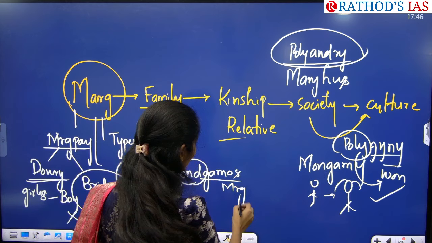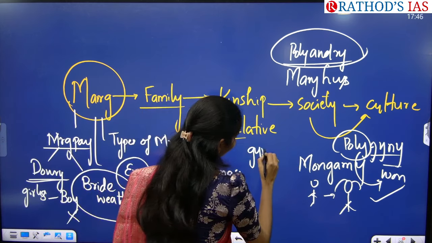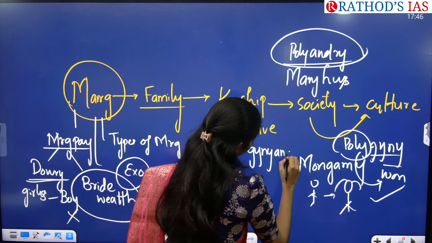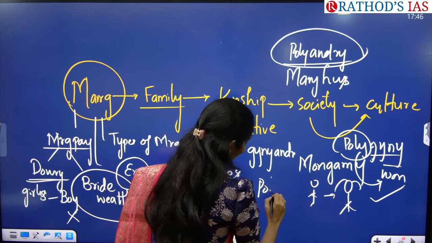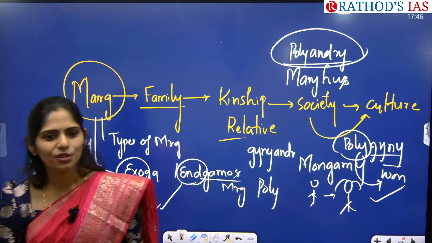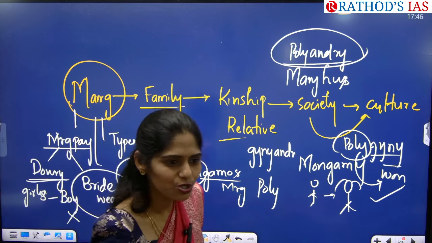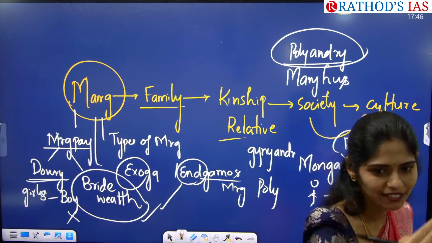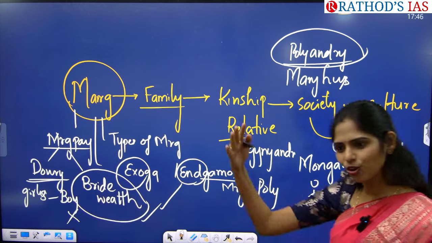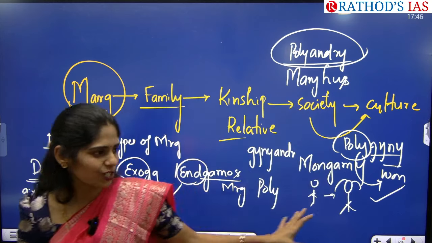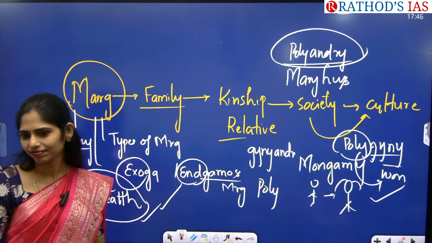I am saying that gyny and andry, that condition is called as polygynandry. So polygynandry, in that community where women are allowed to have two or more husbands and wives also have the leverage of having two or more. Okay, that is called as polygynandry.